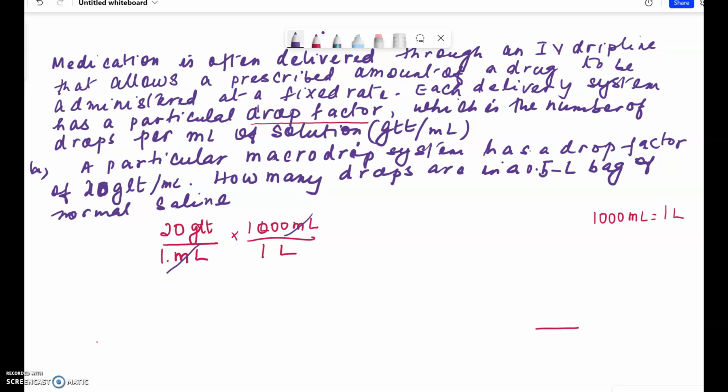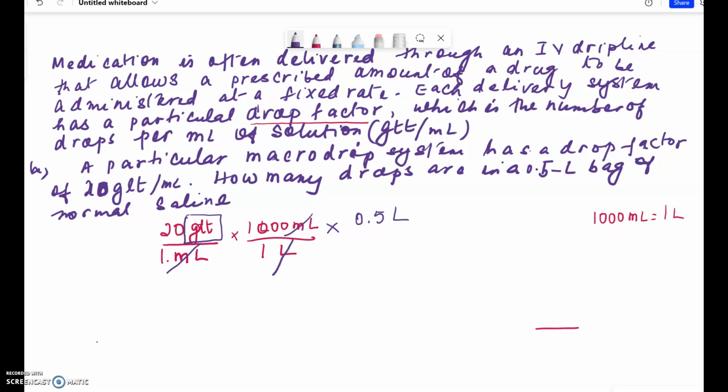And now we need to figure out how many drops. So at the end, GTT is the number of drops. So that's what the units are. GTT is the units of our final answer. But we need to get rid of liters in the denominator. Now we're trying to calculate the number of drops for 0.5 liters.